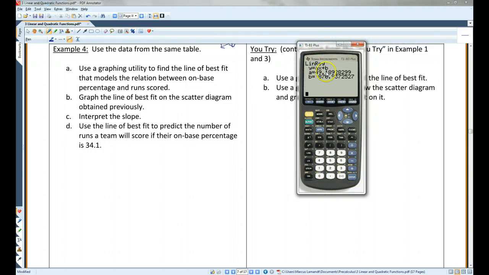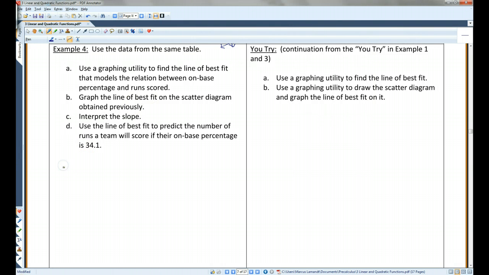So y equals ax plus b, this is your a, and this is your b. I'm going to go ahead and write that down. So y equals 49.19x minus 870.94.